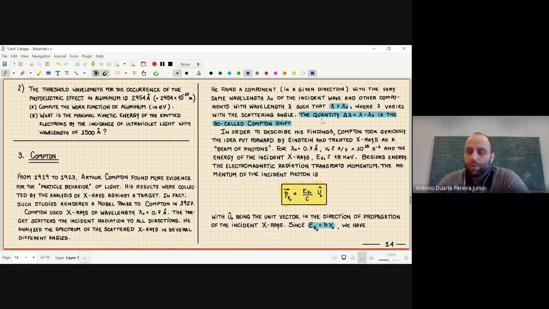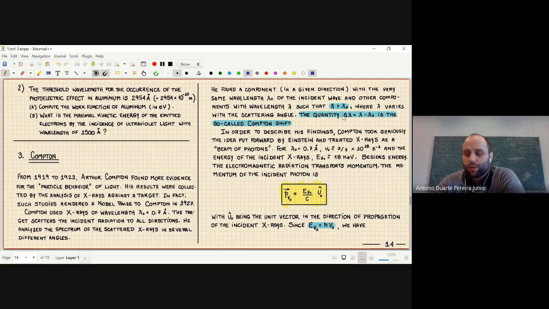So you can now compute the following. You take the value of the wavelength that you are measuring in a given direction, and you subtract from it the initial value of the wavelength that you used in the initial X-ray. So this is lambda minus lambda naught.